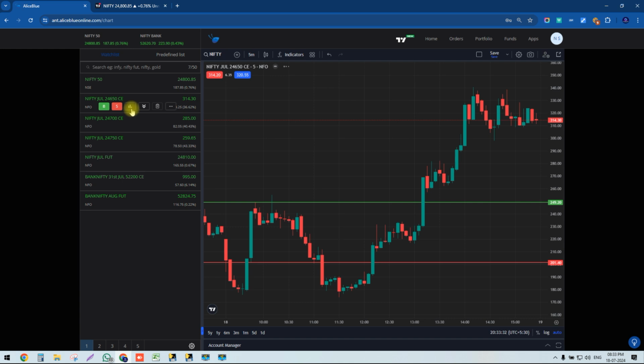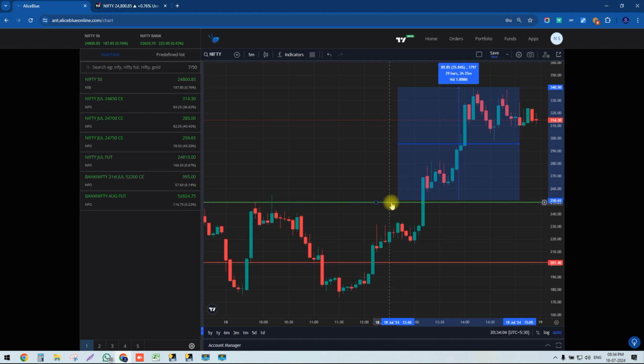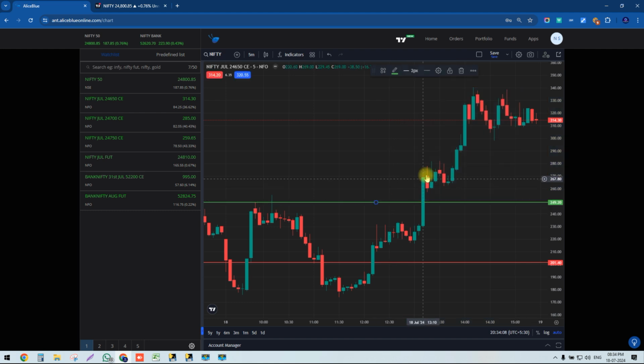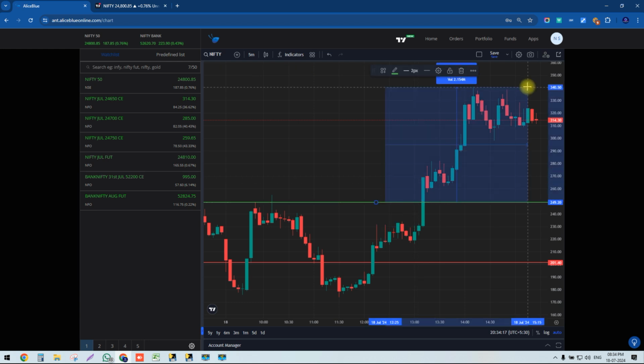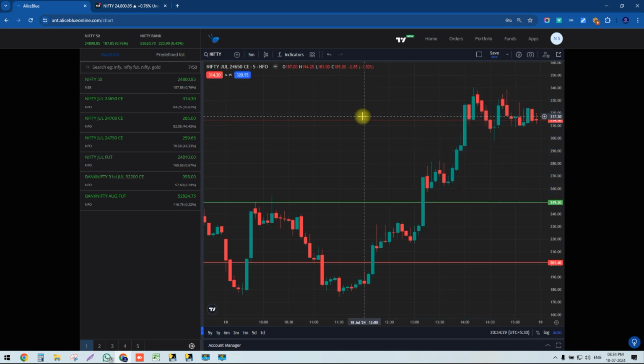The buy was generated here once again, and it reached up to 341. The buy was generated at 249 and it reached up to 341, almost 91 points up.